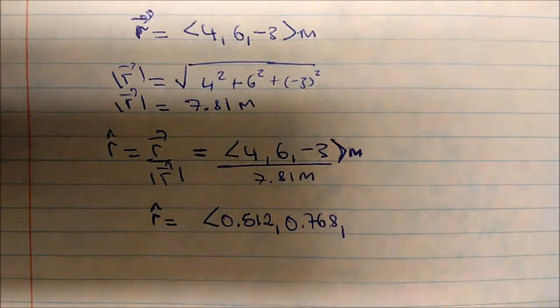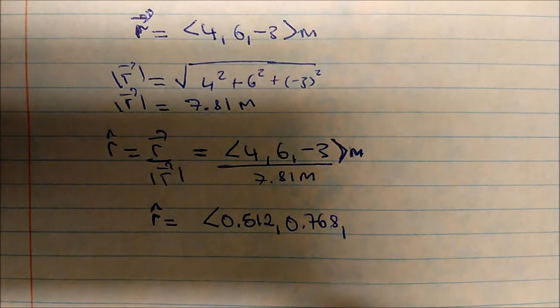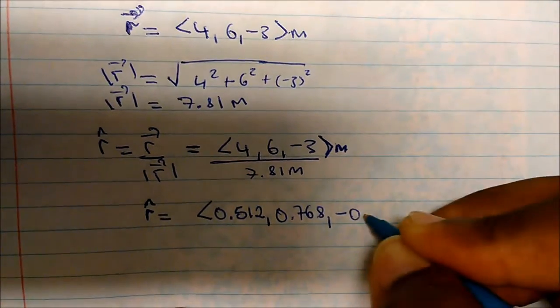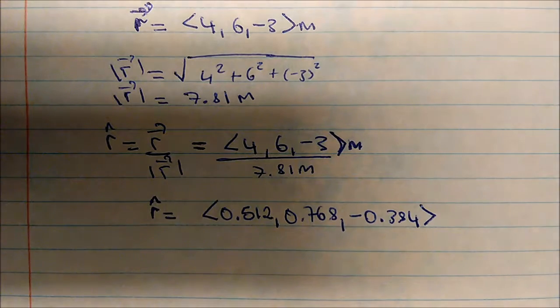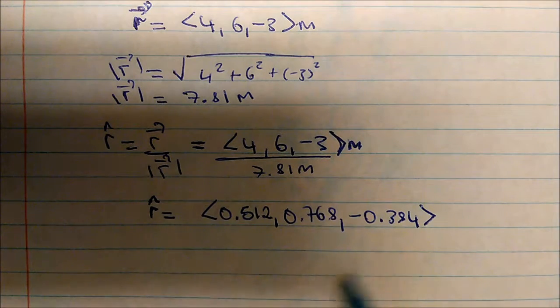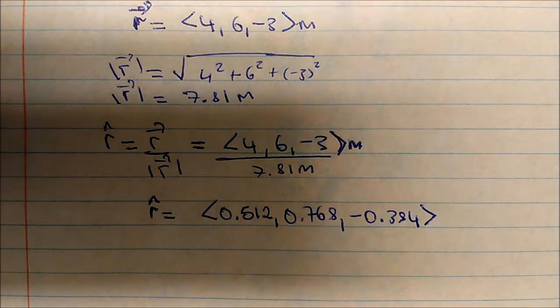And if I take -3 and divide by 7.81, I get -0.384 in the z direction. So it's 0.384 in the z direction, but negative. And this will be the unit vector of the vector r, where the components are 4, 6, -3.